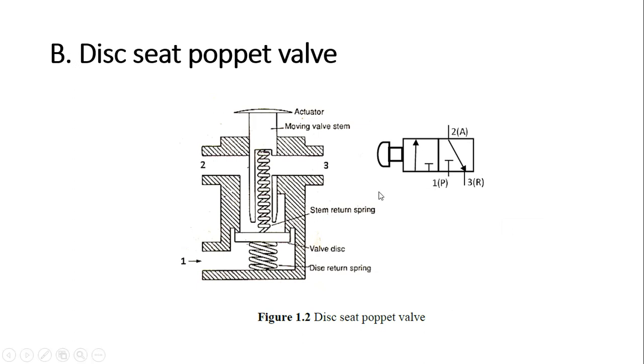Here from the diagram you can say that this is one port, this is another, and this is third. So there are three ports and two positions. Now in the default position, 2 is connected to 3 and 1 is not connected. 1 is always the pressure port, so 1 is not connected, but 2, the working port, is connected to 3, the return port, or you can say exhaust port.